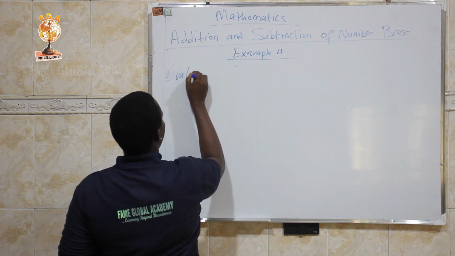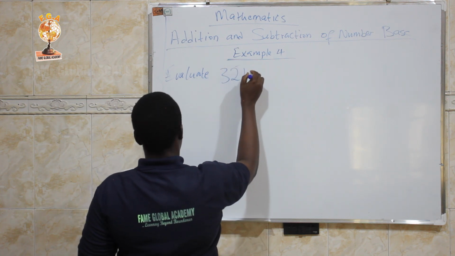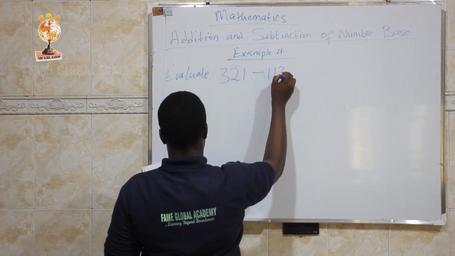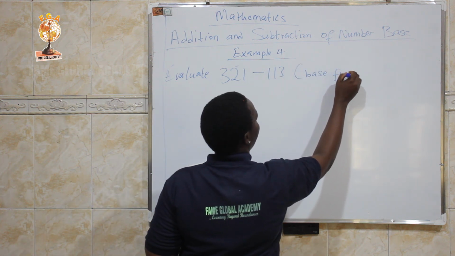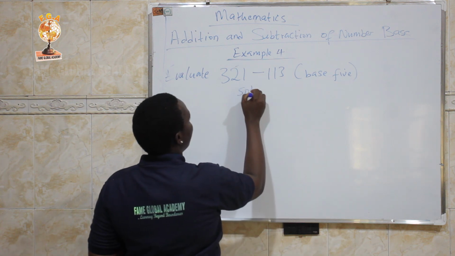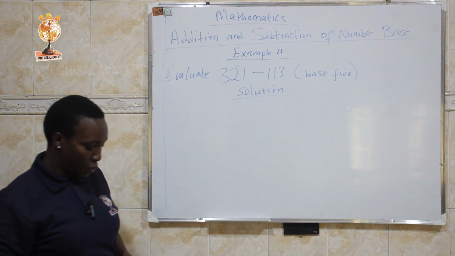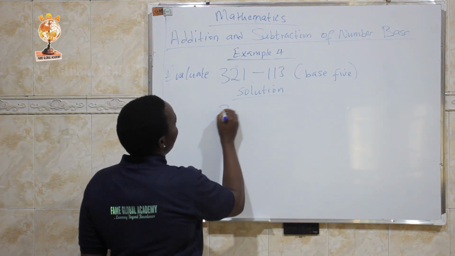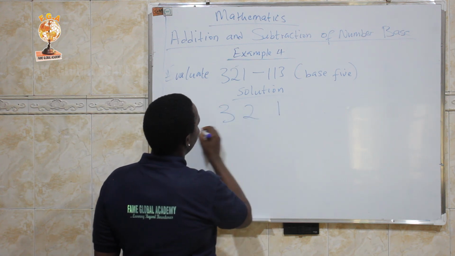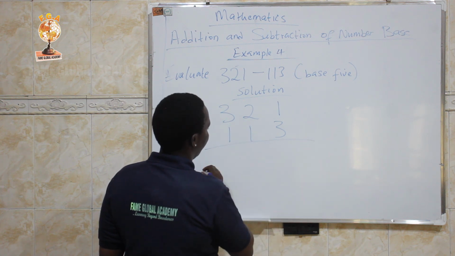Evaluate 321 minus 113 base 5. Solution. 321 minus 113 base 5.